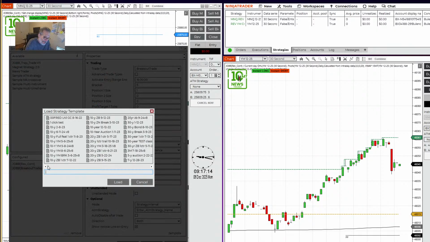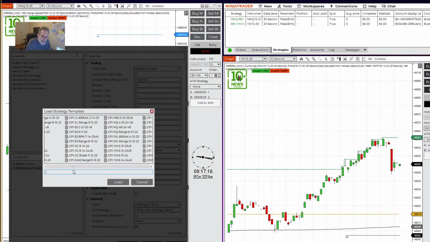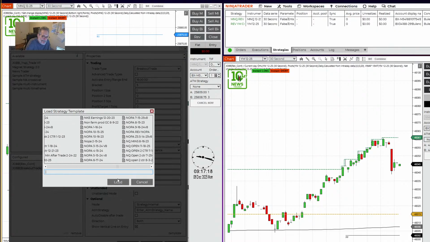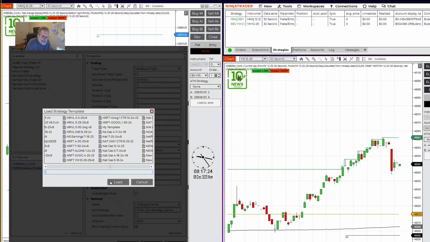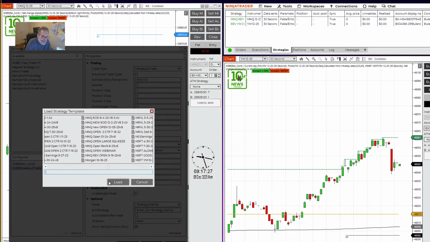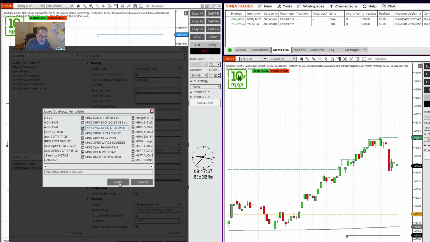And I'm looking for MNQ new open. Going to right click it and rename it for today's date, 12/8. When you load it, it saves it.